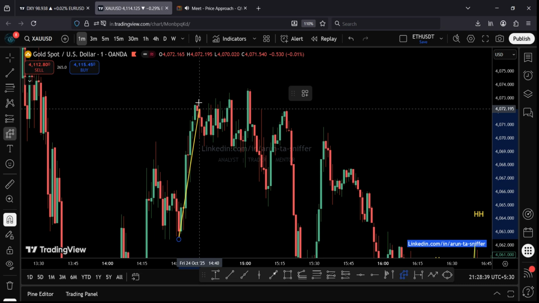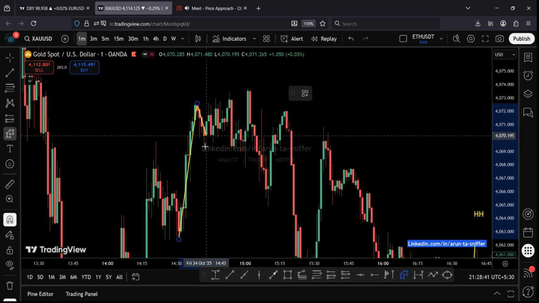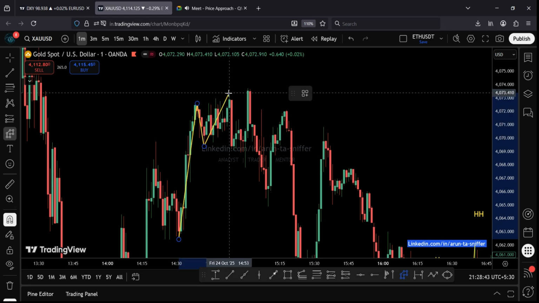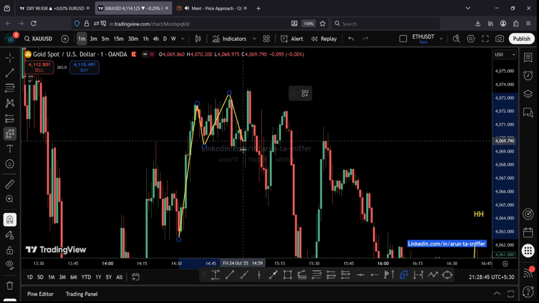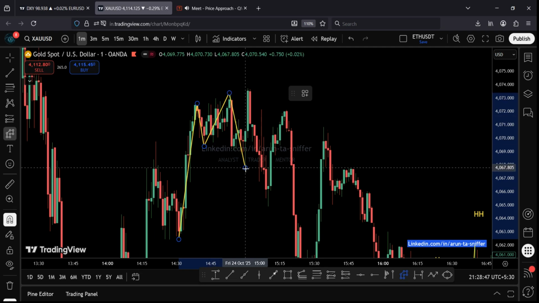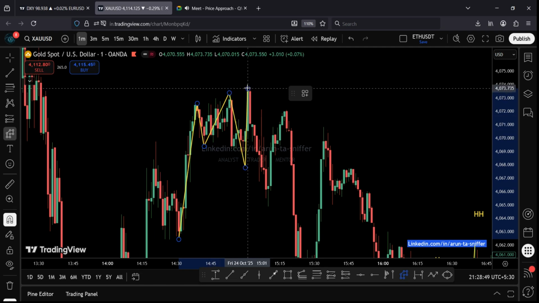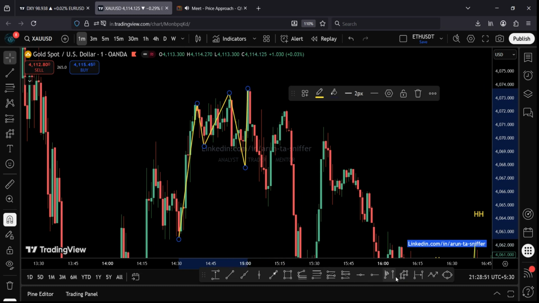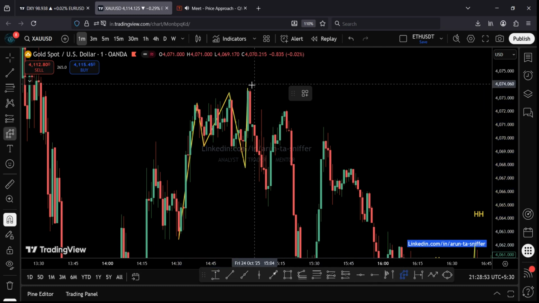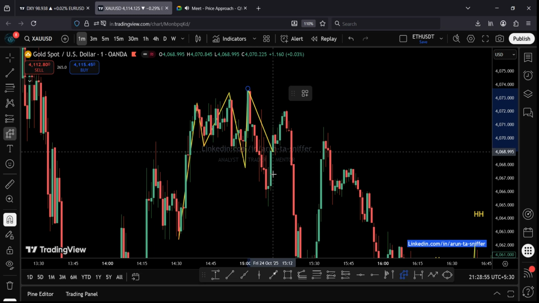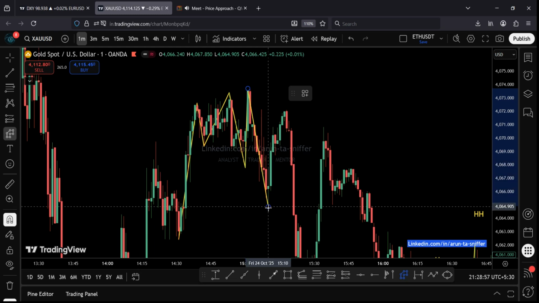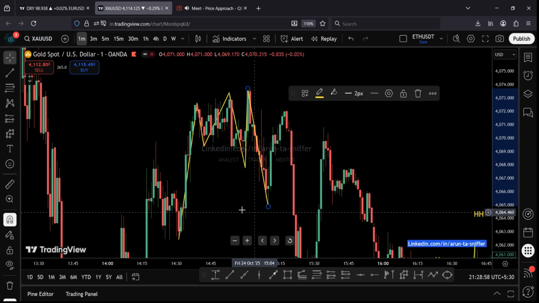Price makes a high, low, higher high, lower low, then again it makes a higher high. Okay, and then makes a low, lower low.